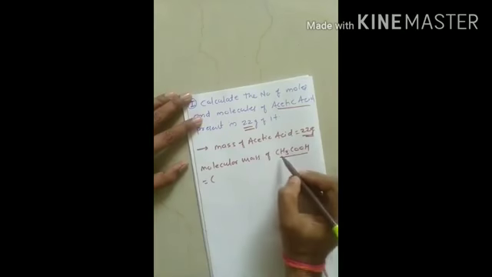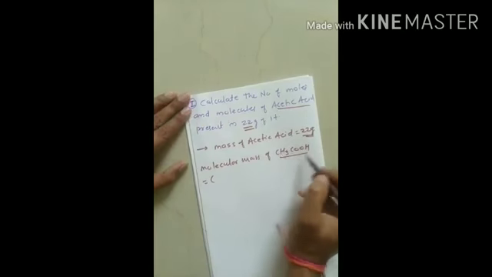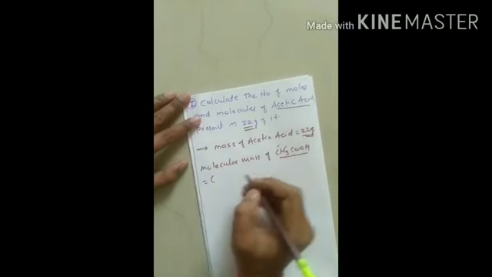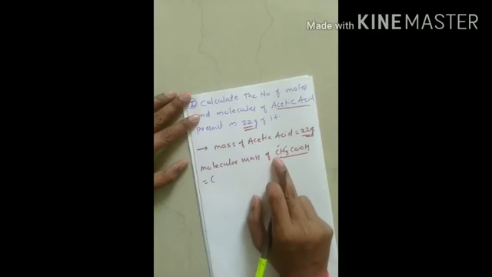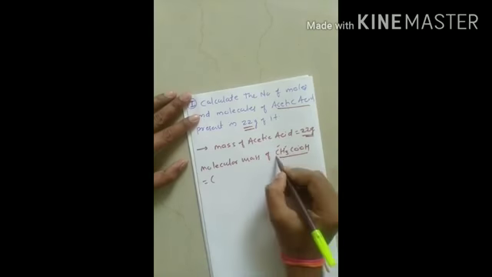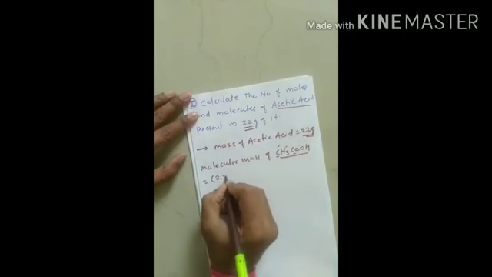If you see this formula, you will come to know it contains 3 elements. First one is carbon, second one is hydrogen, and third one is oxygen. So the molecular mass of CH3COOH can be calculated by using the formula: number of atoms of carbon. The total number of carbon atoms in this is 1, and this is second, so 2 into average atomic mass.